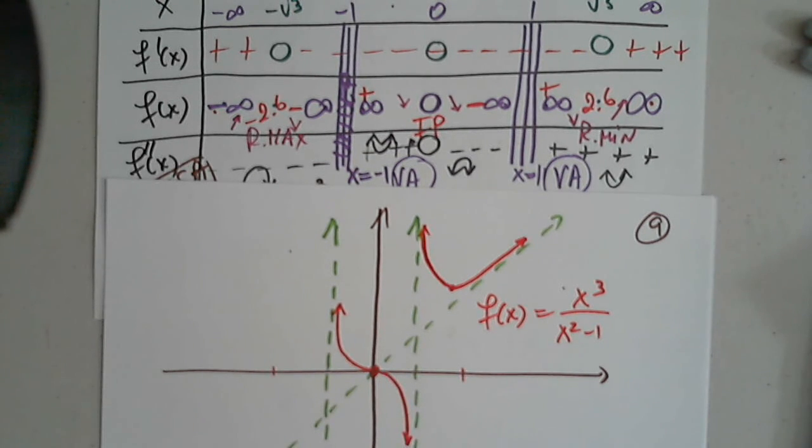So the function was x to the third. Careful how you enter it, and divide by, in parentheses, x squared minus 1. Don't forget parentheses. But if you do not ask the calculator to graph another function, which is the slant asymptote, it will not graph it for you.